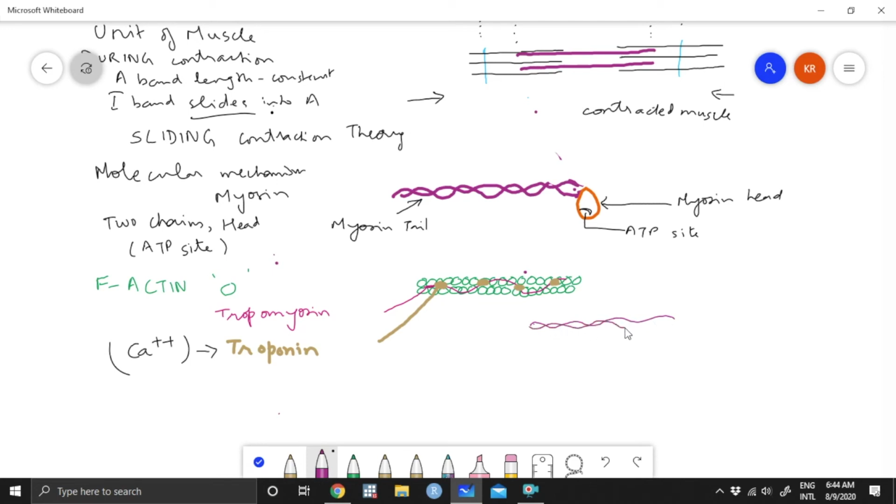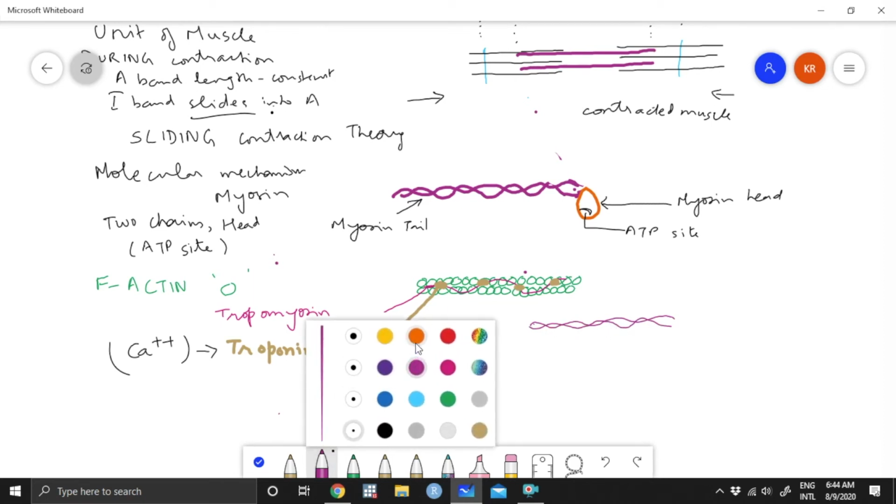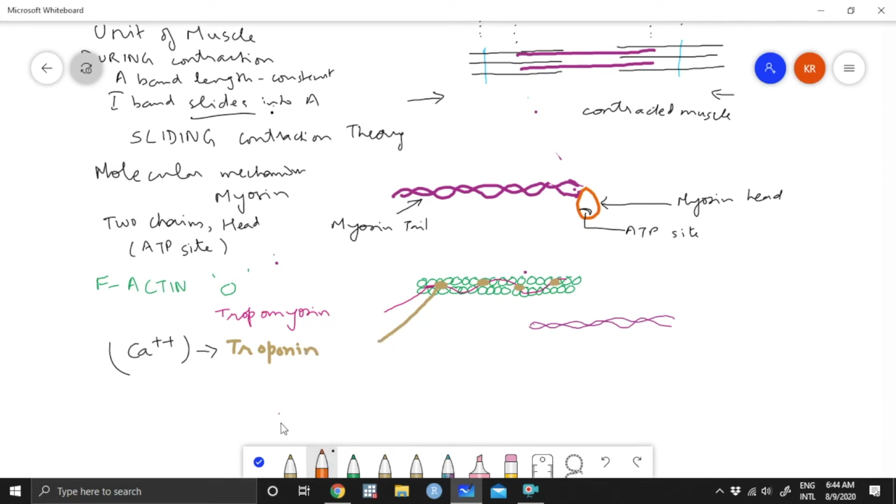I am showing over here a myosin molecule with an ATP head. There will be many such myosin molecules.